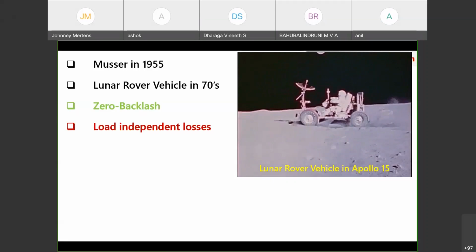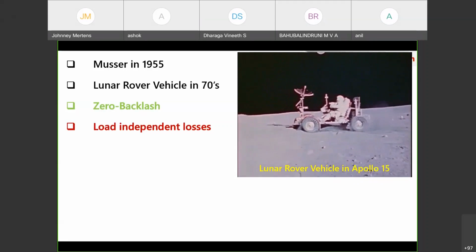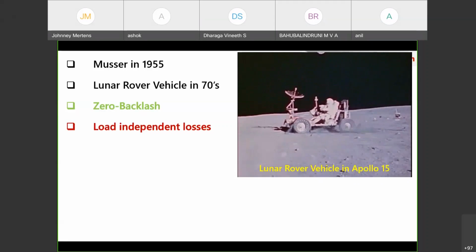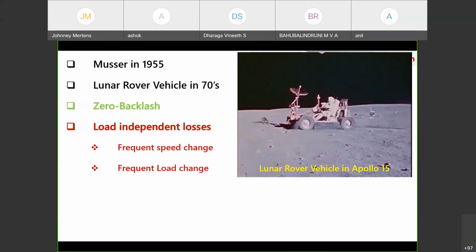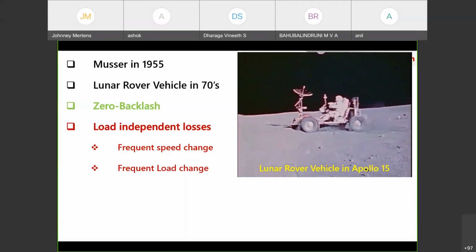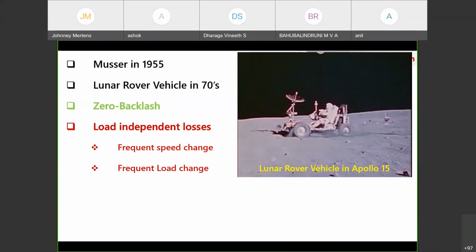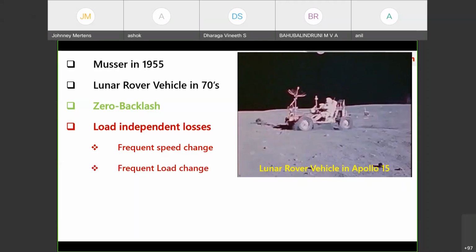You can see the load independent losses. What does load independent losses mean? How does it happen? In industrial robotics applications, there will be a fluctuation in the speed as well as a fluctuation in the load. Due to this, load independent losses will happen, which will decrease the efficiency of such harmonic drive systems.